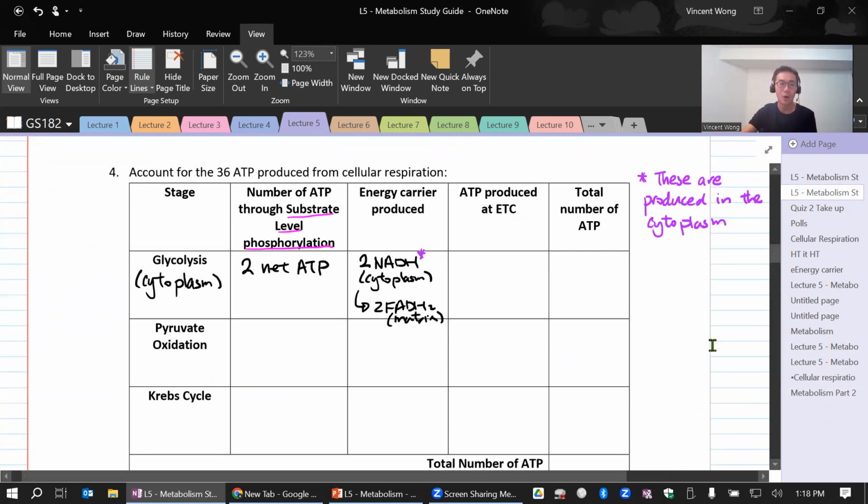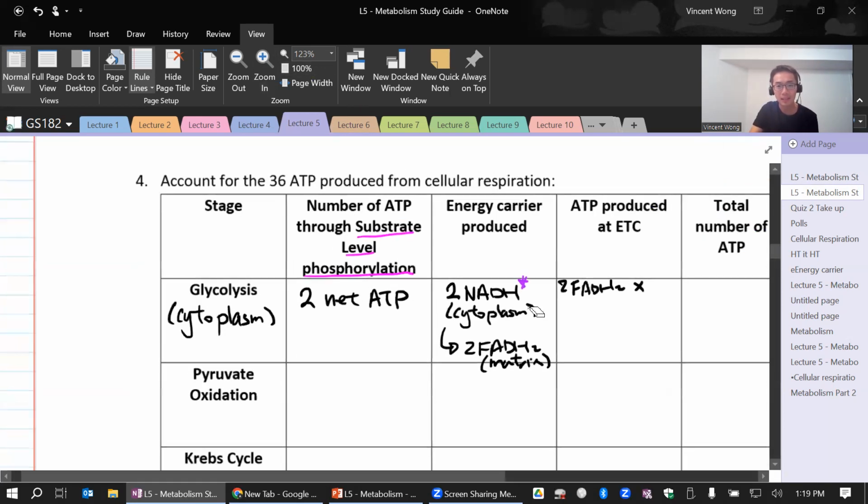That's right. So back to here. Once we pass the electron through onto the FADH2, we have 2 FADH2. Please tell me you know the answer for this next part. What do I multiply this by?